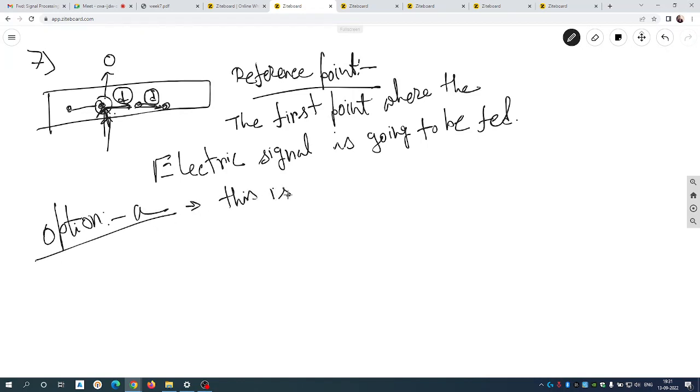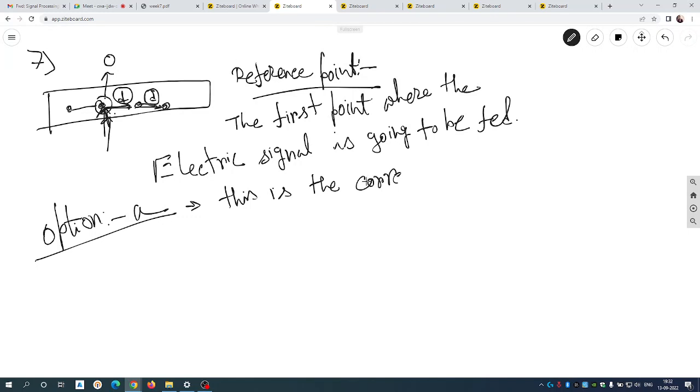Sir, I have one doubt. Suppose the reference is not 0,0,0. Suppose it is 0,0,D and one more antenna is present at 0,0,minus D. In that case, what will be the phases?